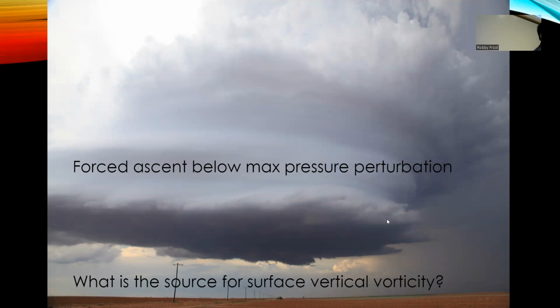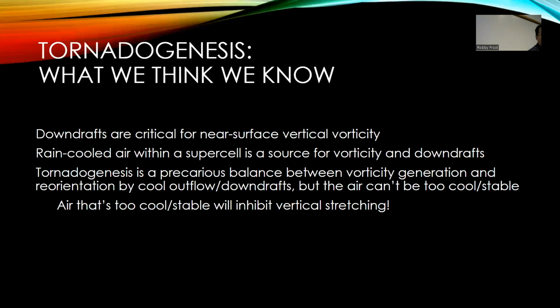It could be forced descent all the way down. That laminar structure, that is something where the storm itself is drawing air in and up. That is air that is not buoyant at that level. So it's a direct reflection that there's some convective inhibition in the environment and there's some forced descent on the storm scale. All right, so what do we think we know?